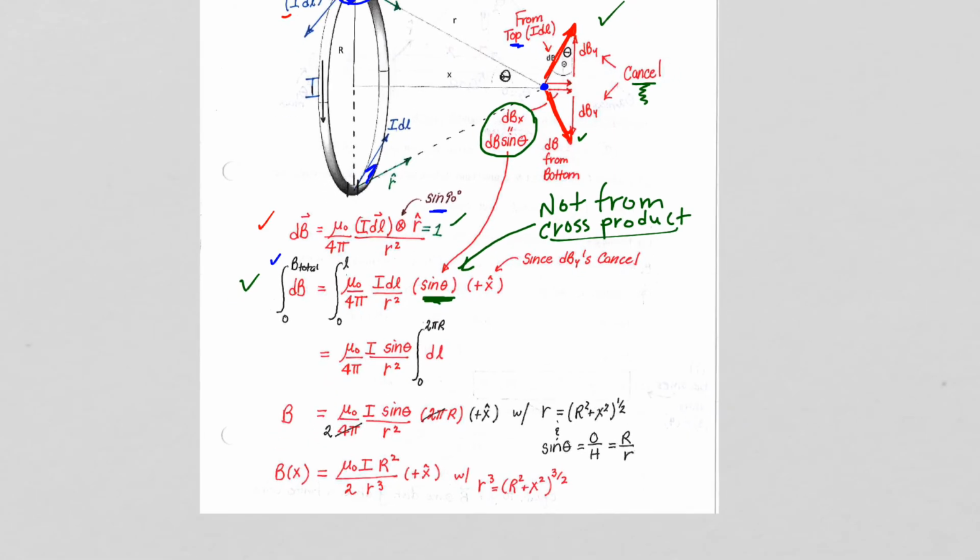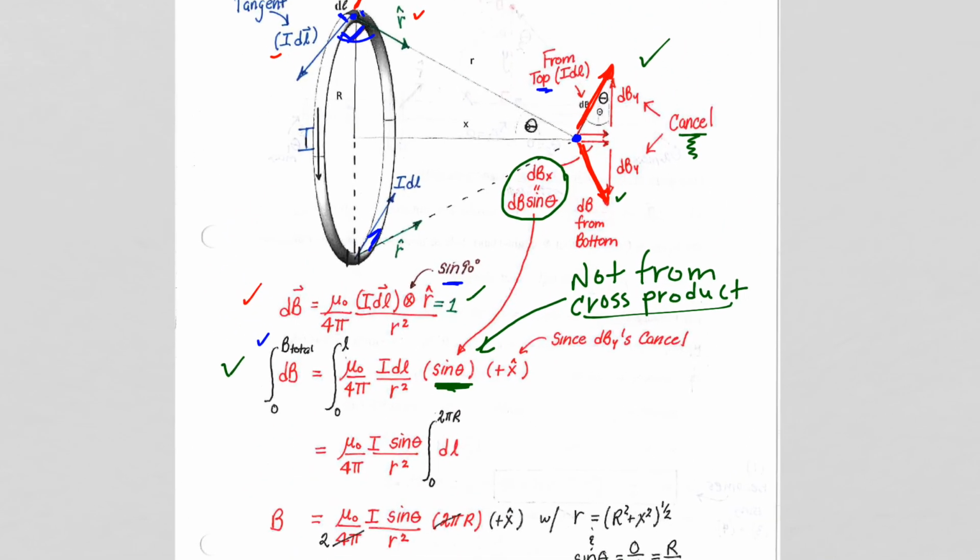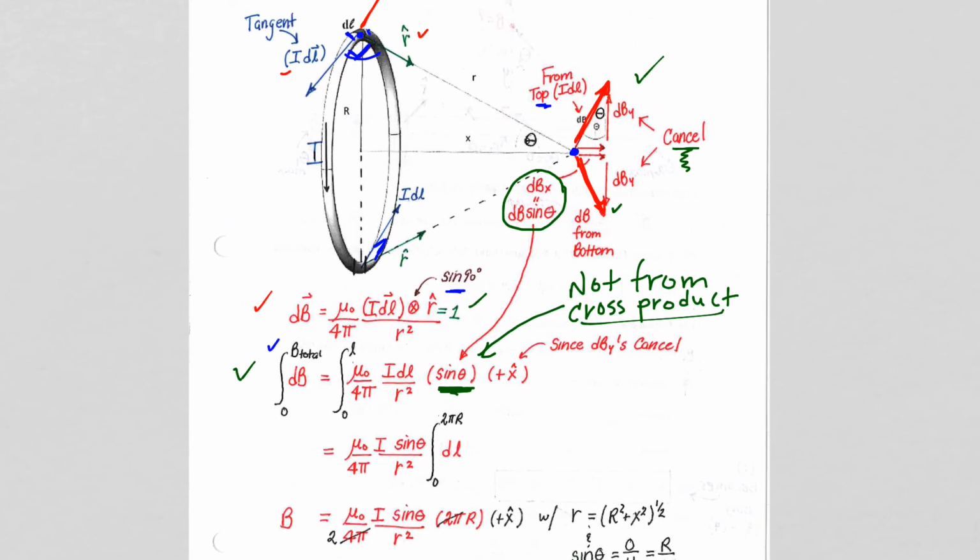The current remains constant, so it comes out of the integral. The r also remains constant, but notice now the r in our Biot-Savart law is not the capital R for the circle. That's kind of important. The little r in the Biot-Savart law is this r here.